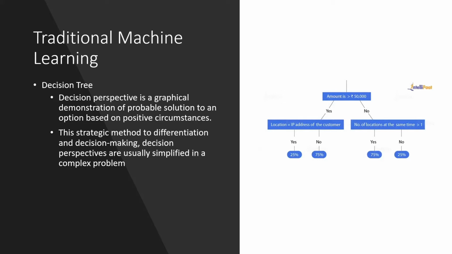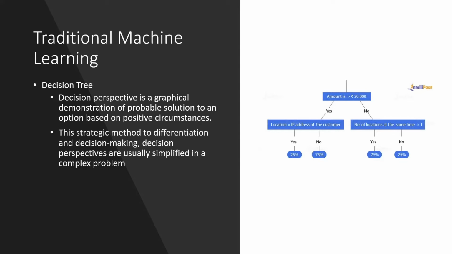Now this is based on, you can think of it as a tree with nodes, and basically the decision making is yes or no. So for instance, if the amount on the transaction is less than 50,000, then you look at what is the number of locations that were used at the same time. Or if it's more than 50,000, what is the IP address of the customer?